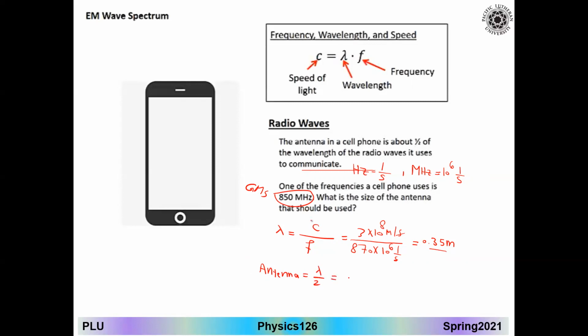So in this case, I end up with 1.7 meters. If you want to change it to something we're familiar with, it's close to 7 inches. So the 7 inches is the size of my iPhone.